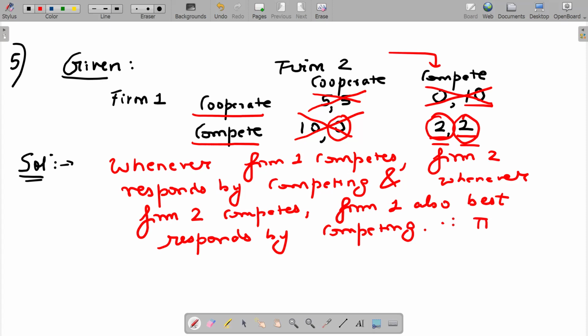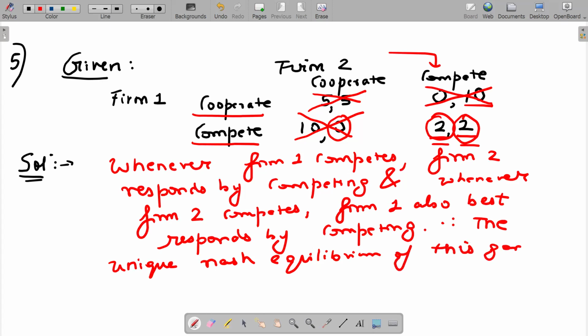So therefore, the unique Nash equilibrium of this game is compete. Both the firms are going to compete.